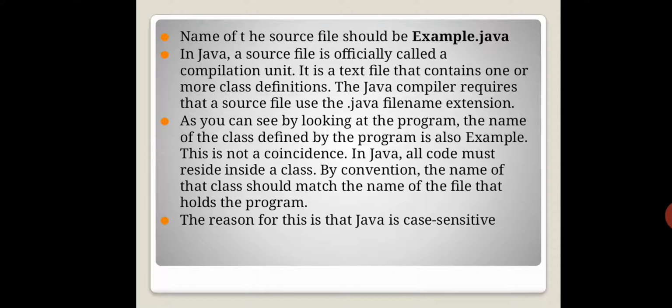In the next point, in Java the source file is officially called a compilation unit. What is that source file? Source file is nothing but whatever program you write, isn't it? It is a text file that contains one or more class definitions. The Java compiler requires that a source file use the .java file extension. You are going to give this .java file to a compiler so that you can get the bytecode.